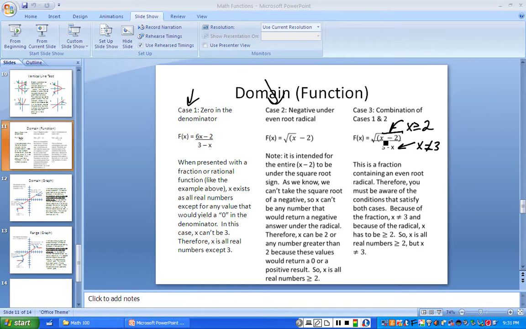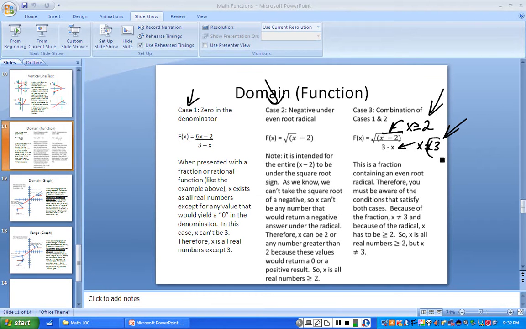So when you combine the two situations, you have an even root radical in fraction form. Then what you have to do is look at your two independent solutions and bring them together. For the radical part, x has to be greater than or equal to 2. For the fraction part, the denominator says x can't be 3. Now we want to see if these two answers conflict with one another.